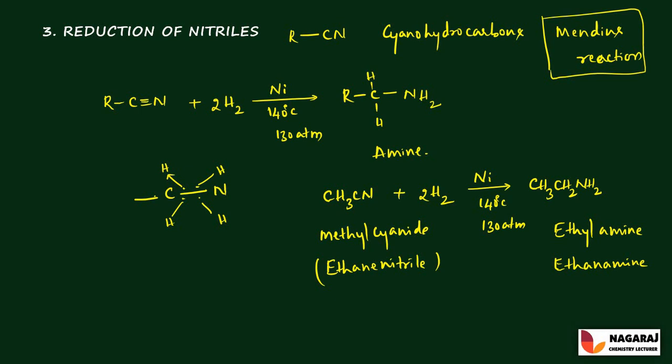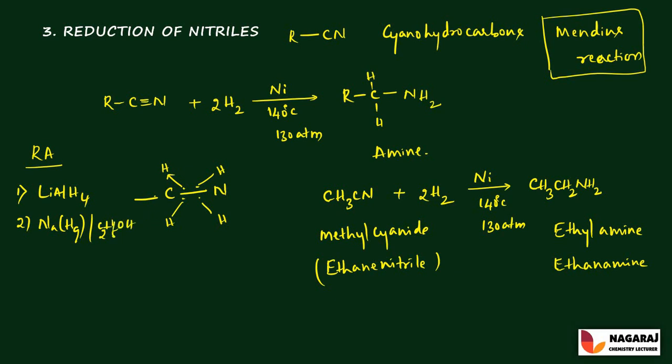Here different reducing agents can also be used to convert nitriles to amines. Those reducing agents are lithium aluminum hydride and sodium amalgam in the presence of ethanol, C2H5OH.